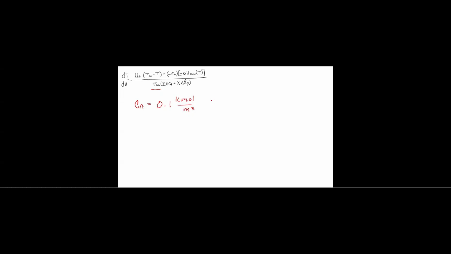And we were also given the volumetric flow rate, which was equal to 2 decimeters cubed per second. And that fits our equation that FAO is equal to CAO times our initial volumetric flow rate. So we have to begin by doing a little bit of unit conversion here because we want our final answer to be in moles per second.